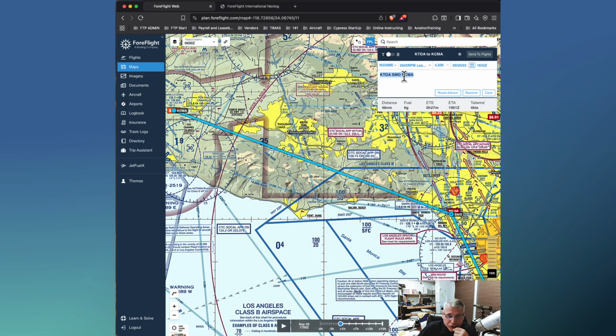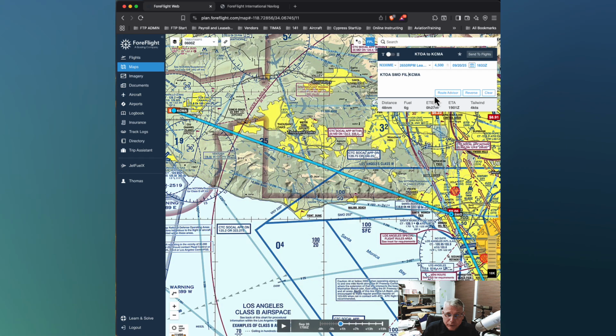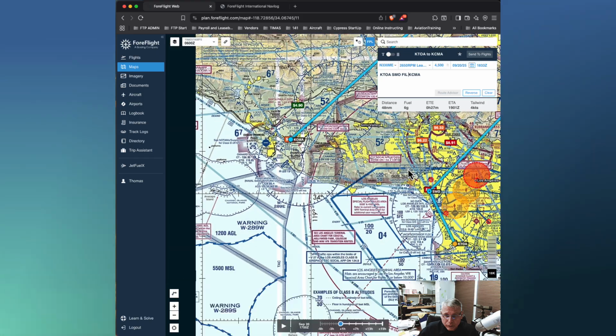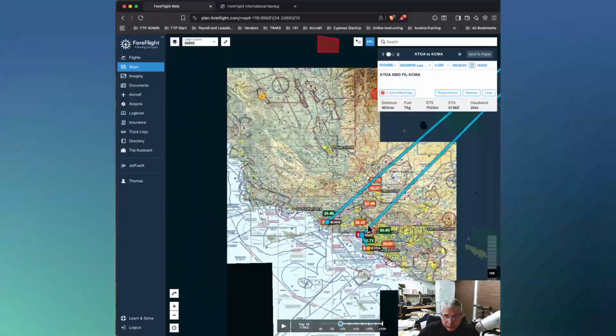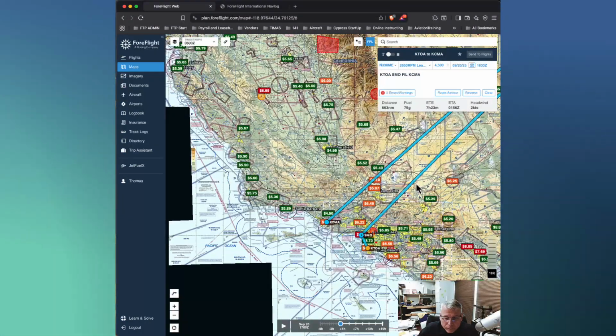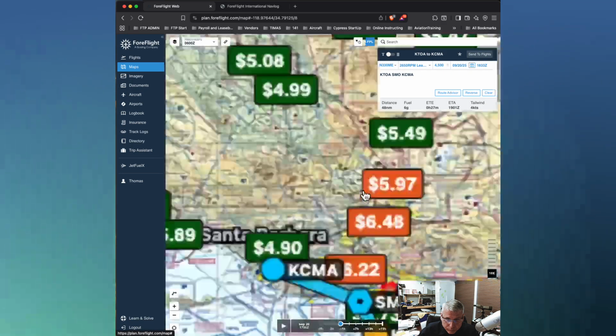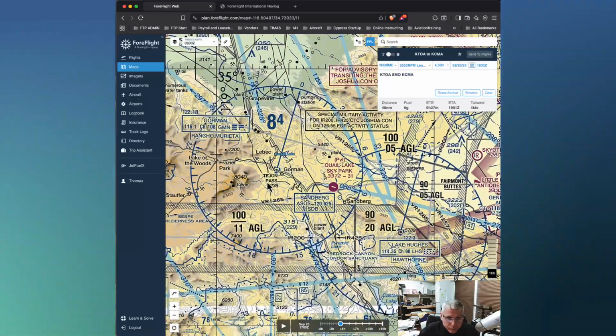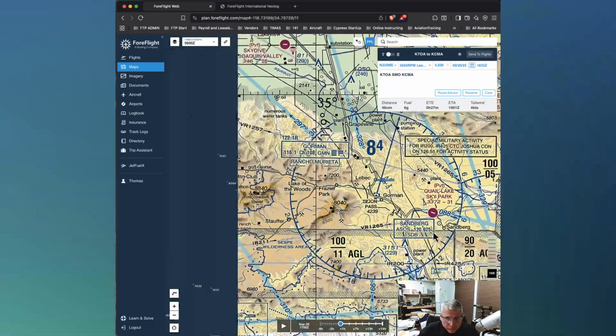If I wanted to change something, let's say I put in the Fillmore VOR, for example. I'll zoom out so that we can see that. Actually, that's not the Fillmore VOR. Sorry about that. Get rid of that. Well, where'd it go?